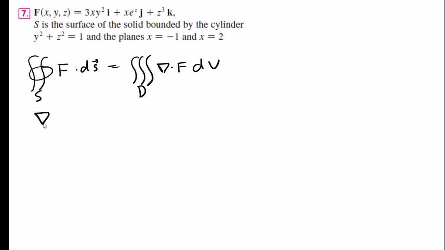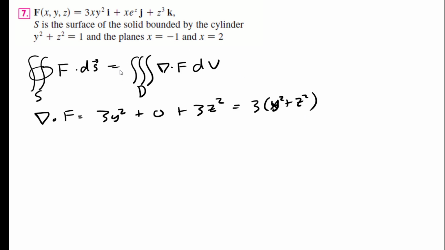So first thing, I'm going to compute the divergence. This is going to be 3y squared plus 0 plus 3z squared. Okay, so that's going to be 3 times y squared plus z squared.